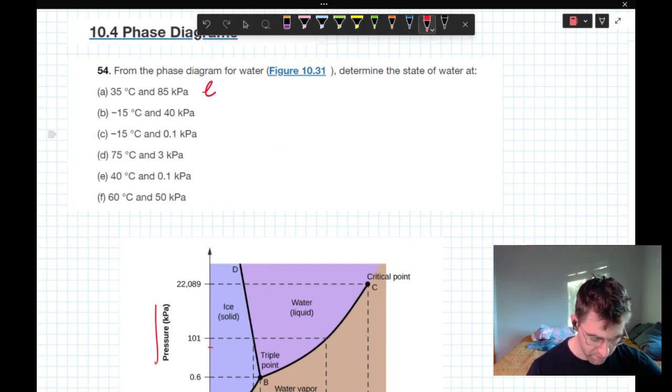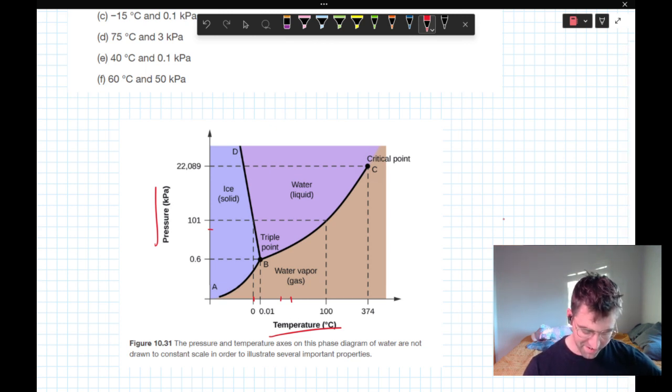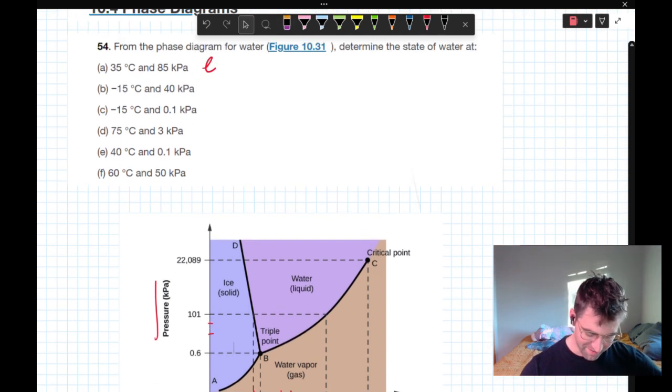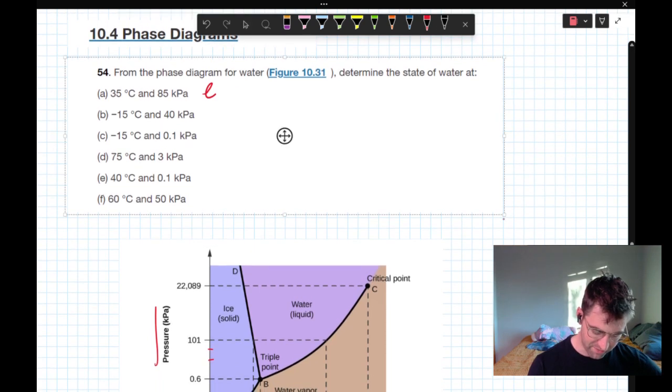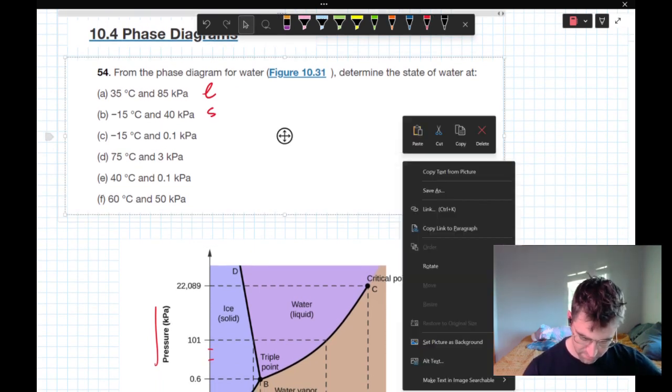We'll just do L. Negative 15 and 40. So here's 0. We don't even have any units on there. And 40 is somewhere around here, but that should be solidly in the solid ice phase. Solid, thank you.